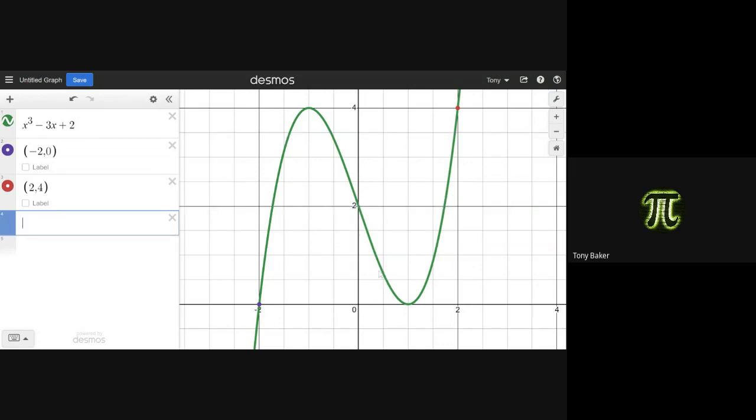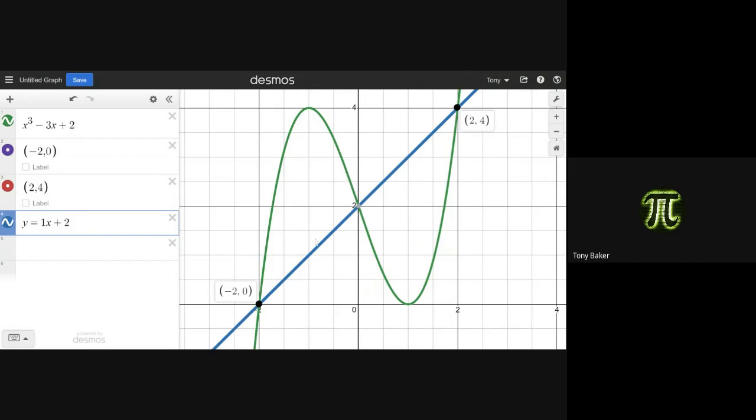I need to find the slope. That's okay. Slope's 1. That's right. Plus 2. Right about there. That's fine. Close enough. So we're looking at the two points there, right?